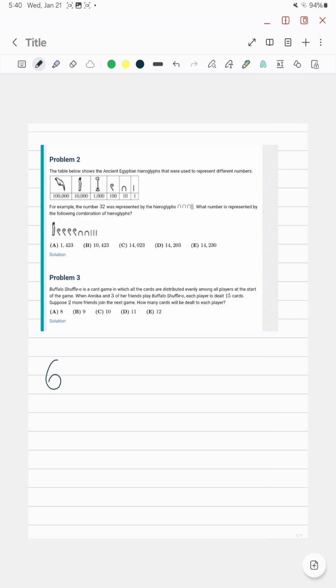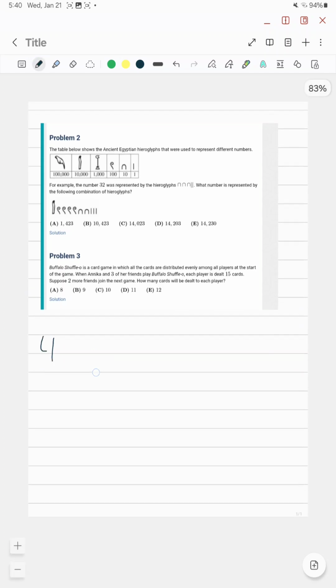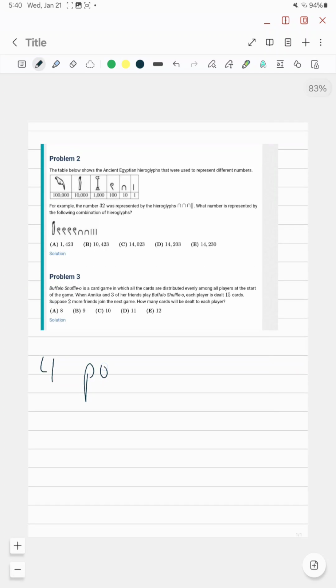So we can see that when 4 people are playing, there are 15 cards per person.